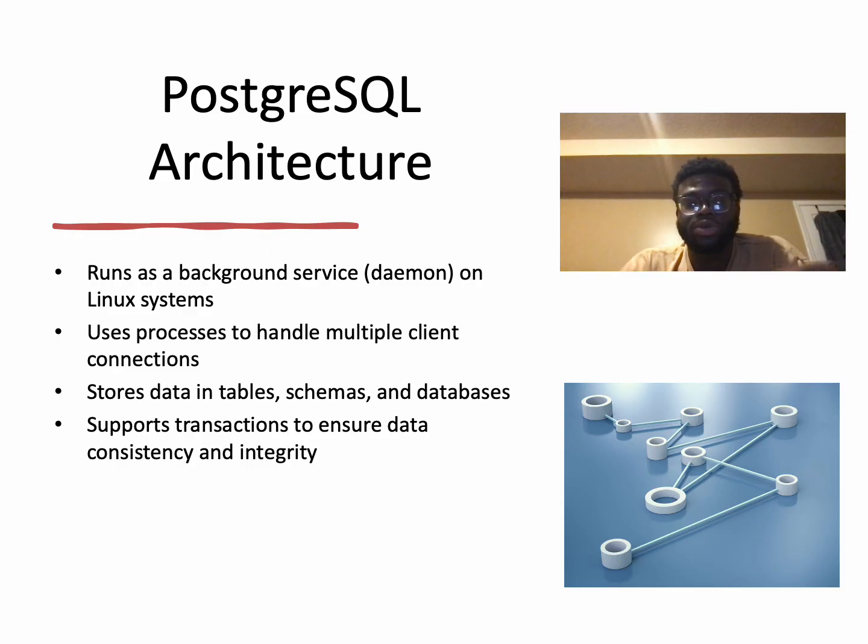It stores data in tables, schemas, and databases, and it supports transactions to ensure that the data is consistent and keeps its integrity. We all know integrity is of very big importance in today's world.